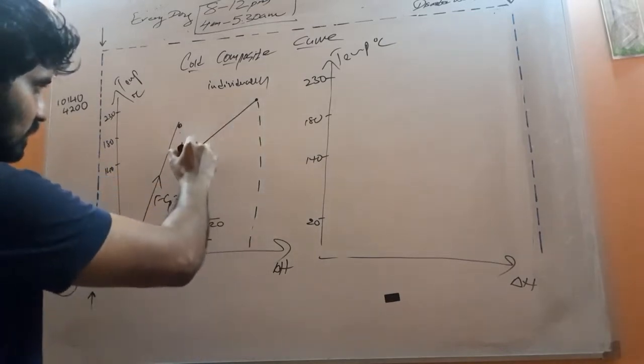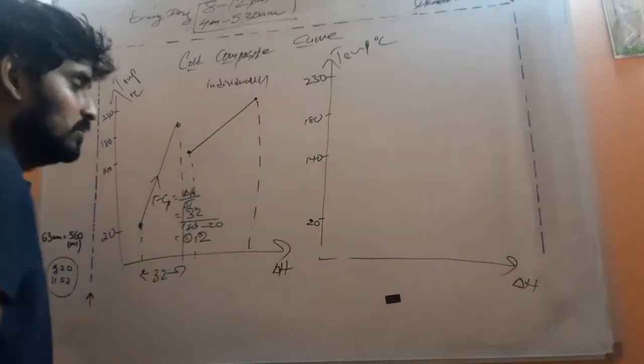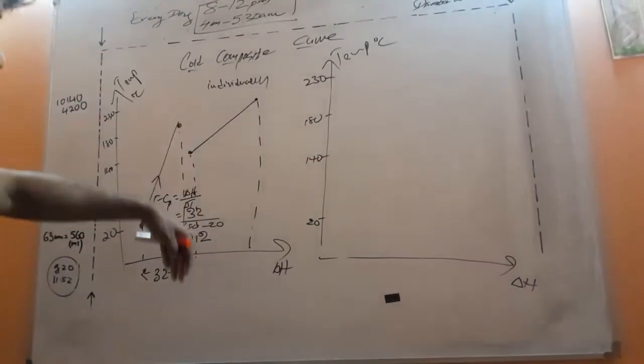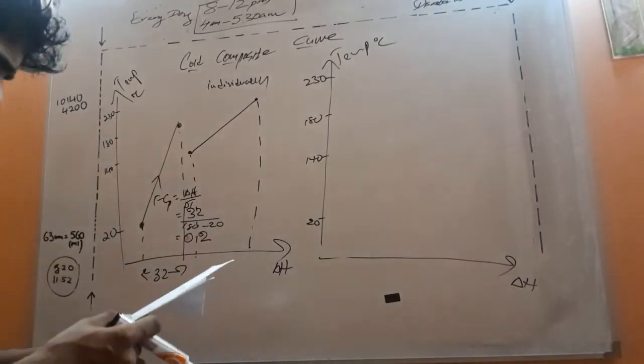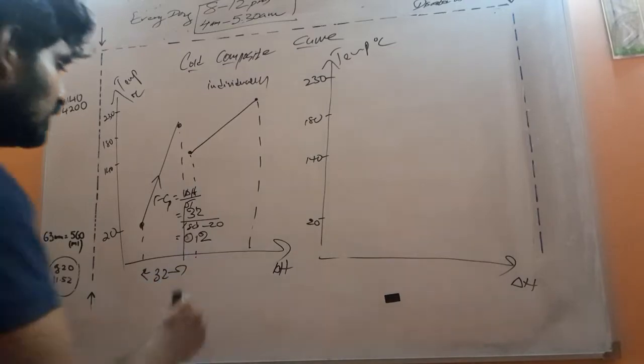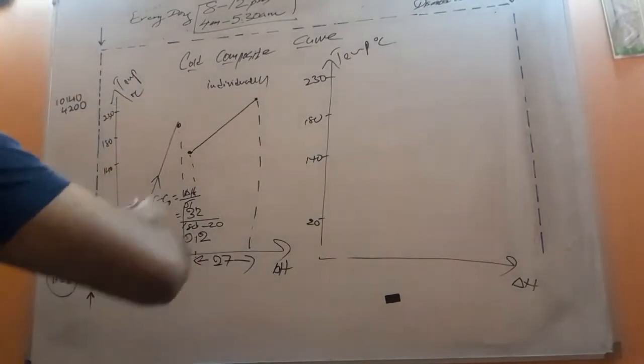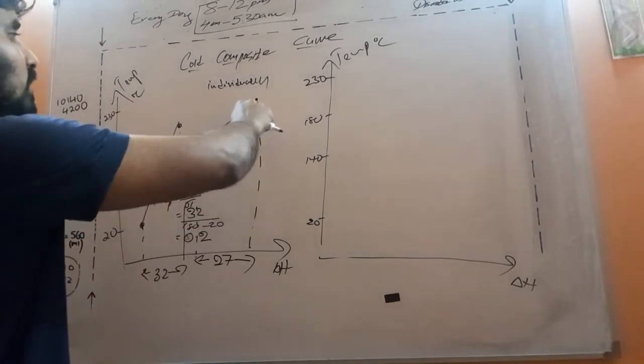You know this width, right? How to get the width? You can project this point vertically downwards, you know that. What is the delta H for that cold process? That is 27. From supply 140 to target 230.